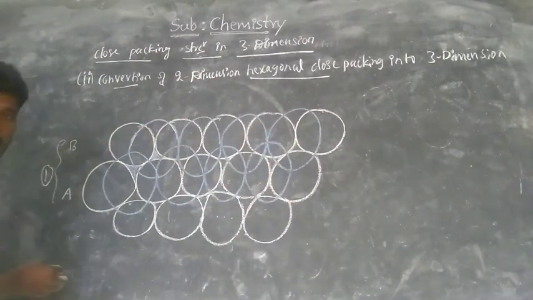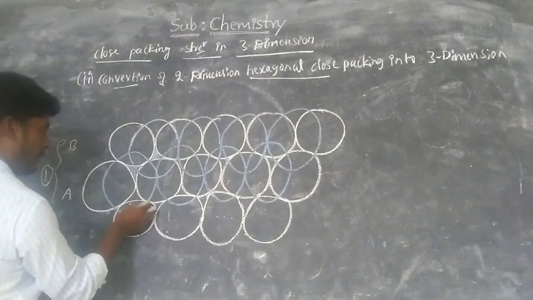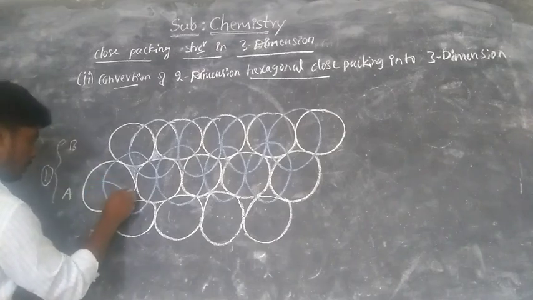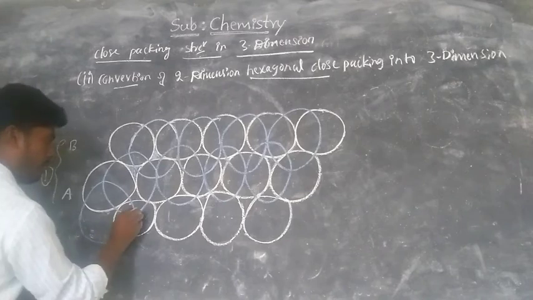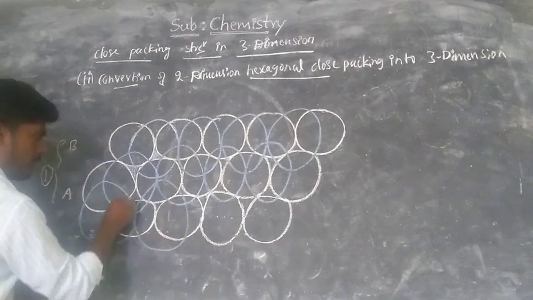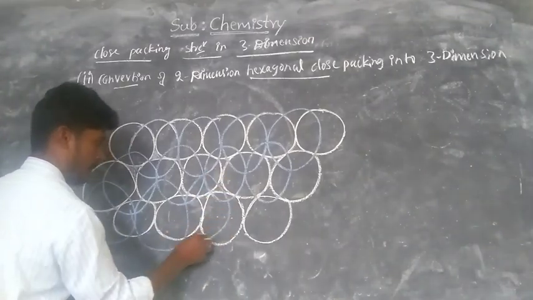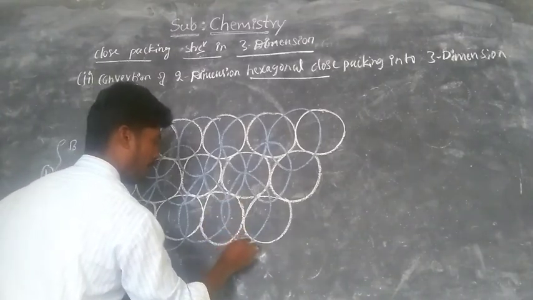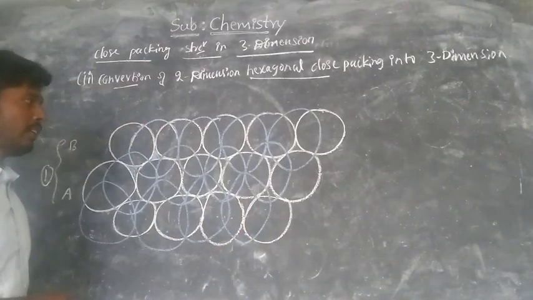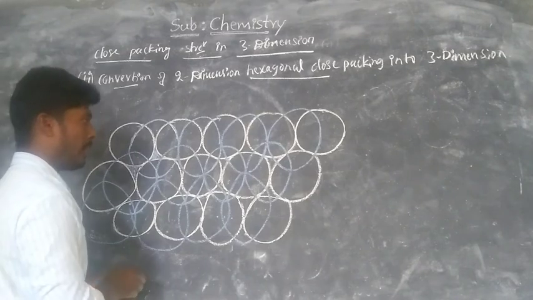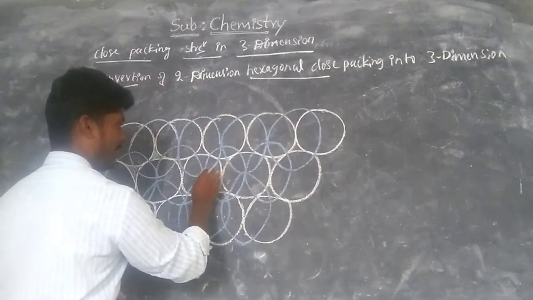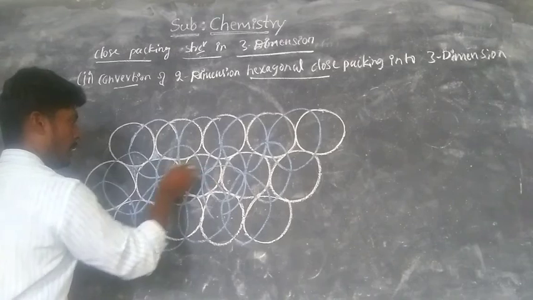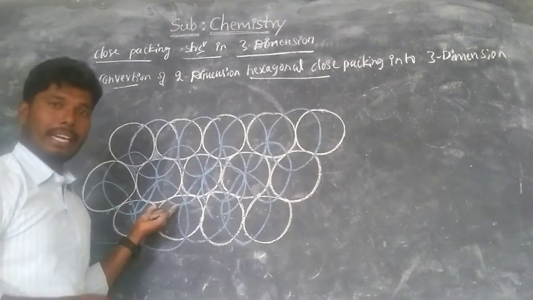Like that, second layer, and similarly right here one more. It is a bit difficult to write, but observe here, and similarly get one more layer here, like that. So the spheres come like this. This is the second dimension representation.